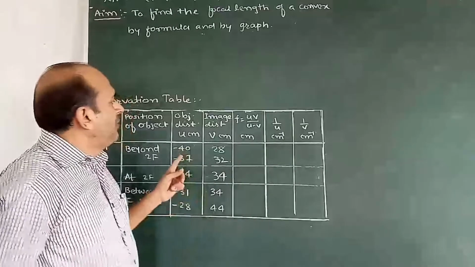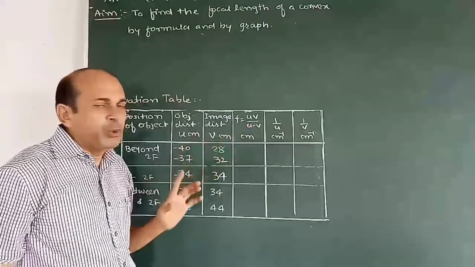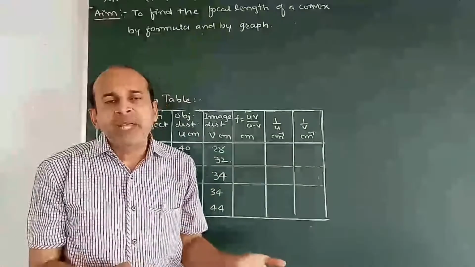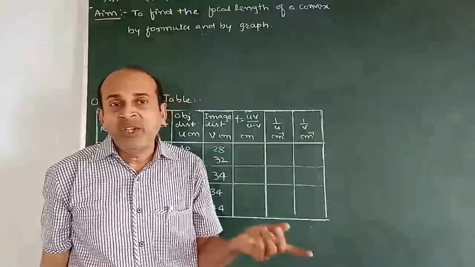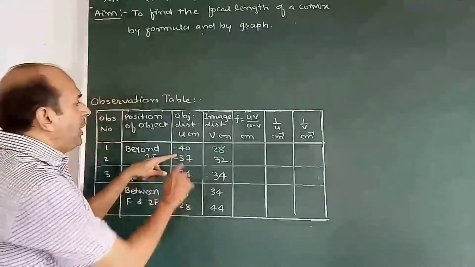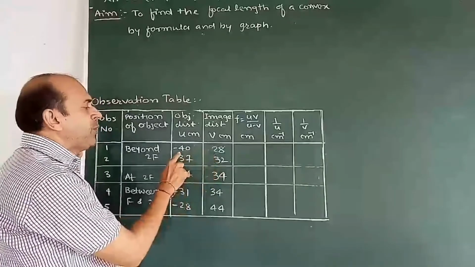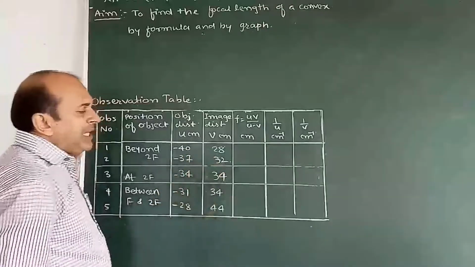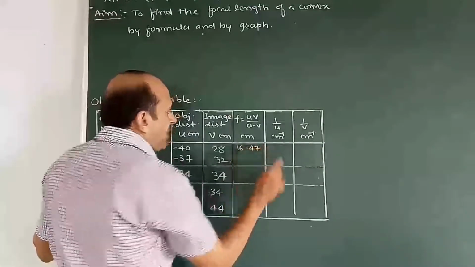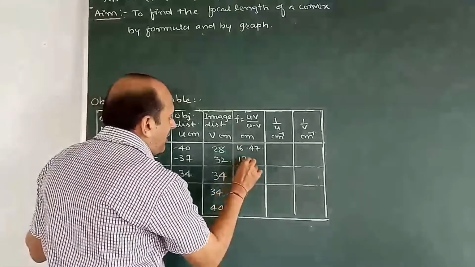Now, when you substitute values in the formula, u is equal to minus 40, v is equal to 28. Why is u negative? Because the object is on the left side of the lens. So, for sign convention, we will take all object distances with a minus sign. On calculating, minus 40 into 28 divided by minus 40 minus 28, your answer will be nearly 16.47. For the second calculation, you will get 17.10.